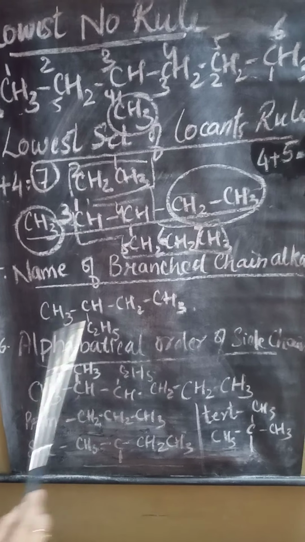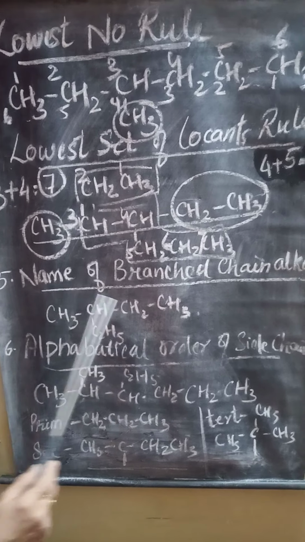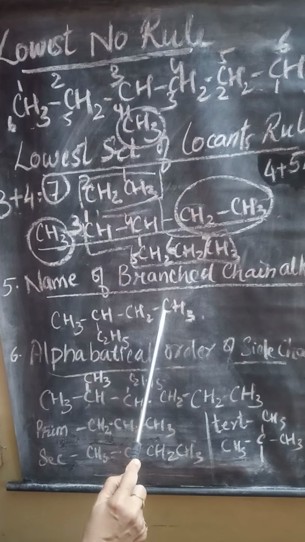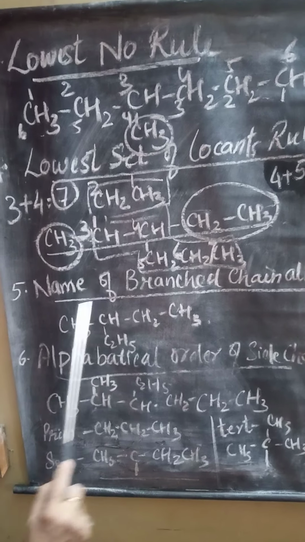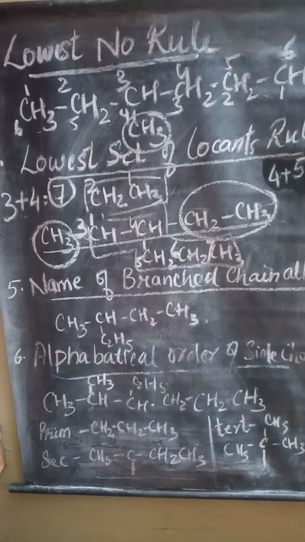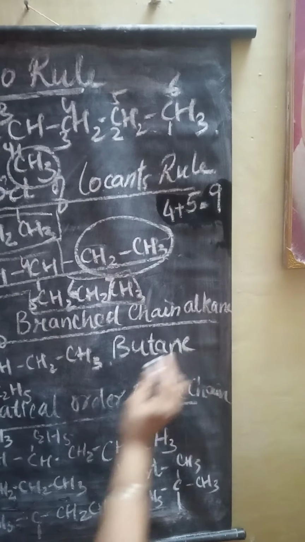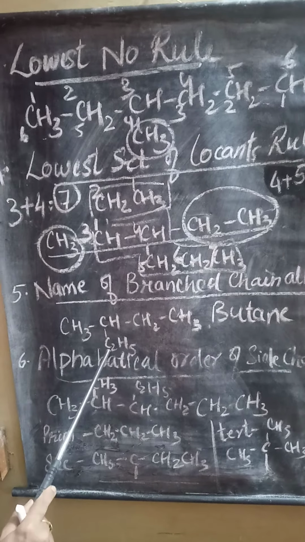Now we will see the next rule, naming of branched chain alkane. Now how will you name the branched chain? For naming this branched chain, you have to select the parent name, that is the longest carbon chain. We have to see which one that is. 1, 2, 3, 4, 4 carbons. So that means we are talking about butane, and to the second carbon an ethyl is attached.